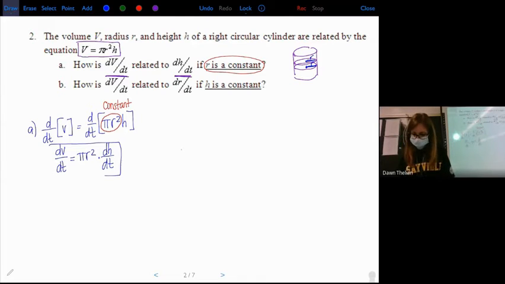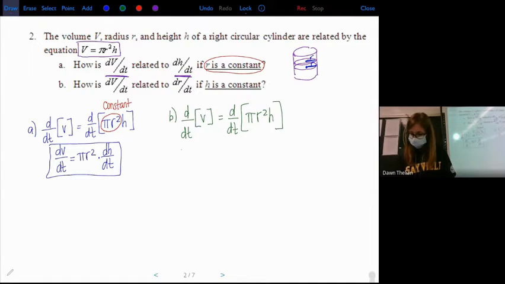In part B, they just flip-flop which one is constant. We want how dV/dt is related to dR/dt if the height is constant. So if I take the derivative with respect to time of both sides, it's a little out of order, since the constants are usually grouped in the front, but now it's the pi and the h that are constant.